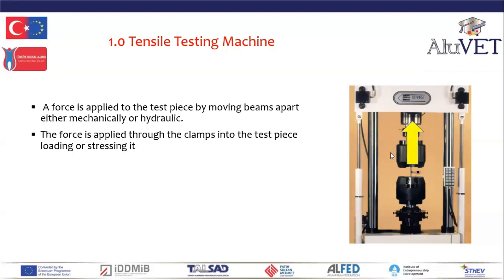And the force is applied through the clamps into the test piece, loading or stressing it. So in the tensile test machine, we clamp a test piece, and by moving one of the cross beams, we stress or load the test piece.